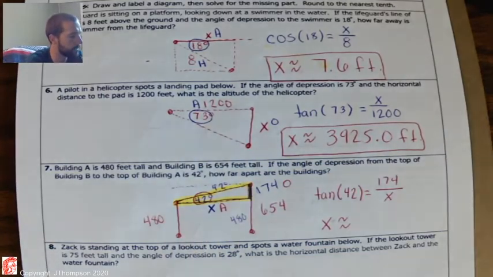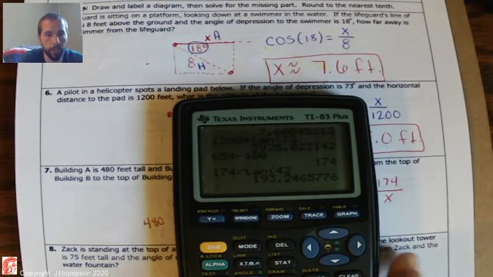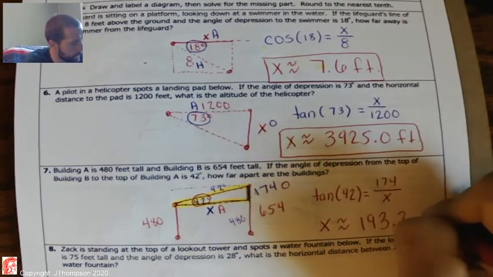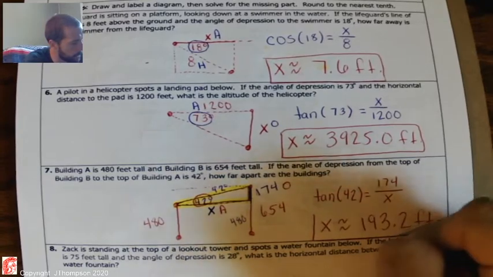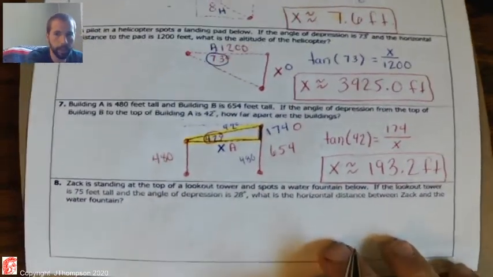So 174 divided by the tangent of 42. That gives us 193.2, and that's in feet. So the buildings are 193.2 feet apart.